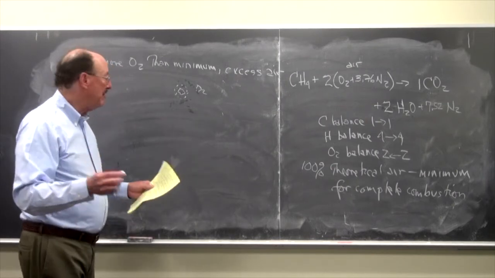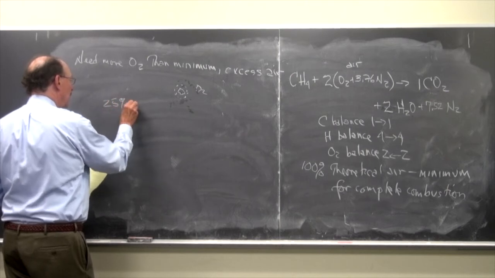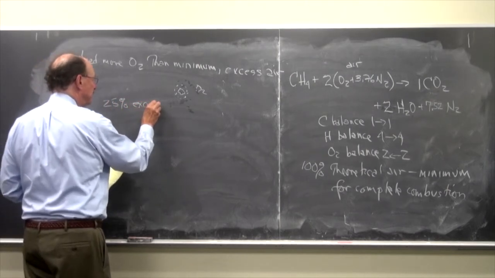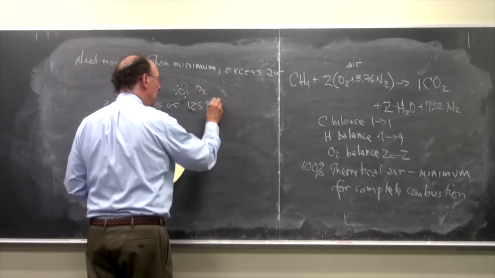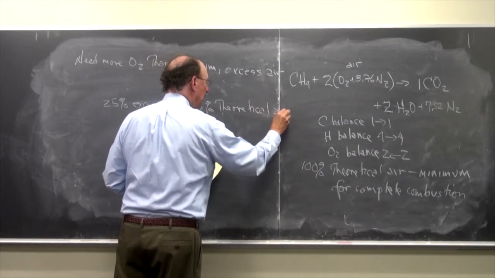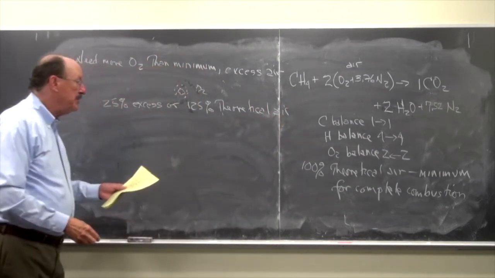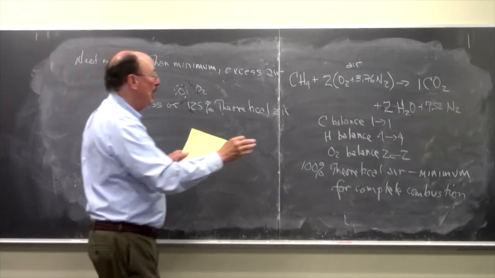So anyway, back to excess air. Let's say we need 25% excess air, or 125% theoretical. So what we do is we take that equation and we just multiply the air by 1.25.